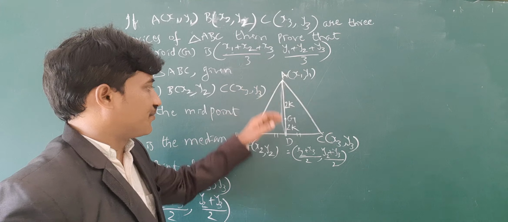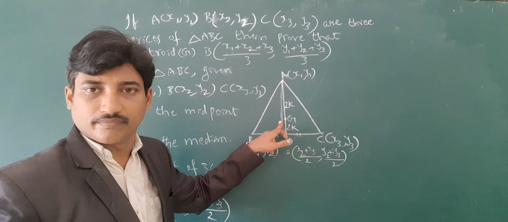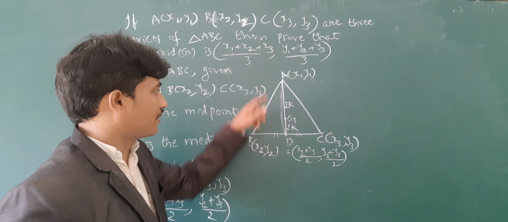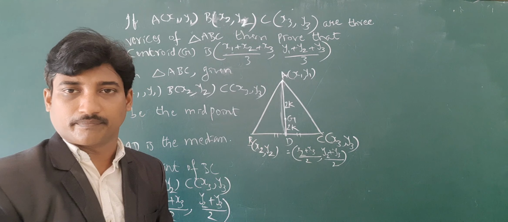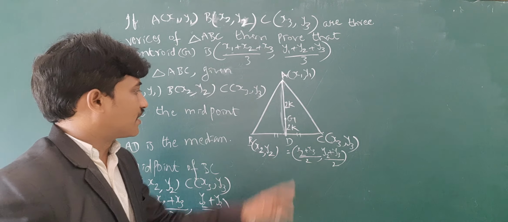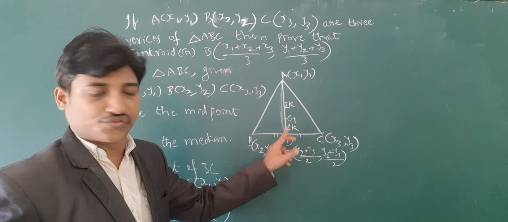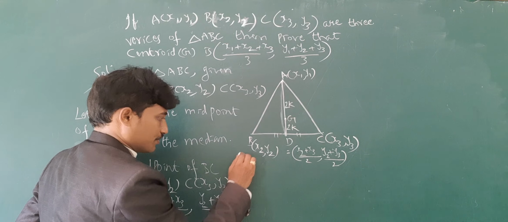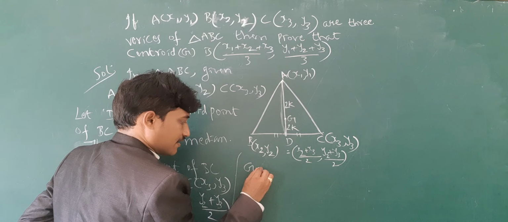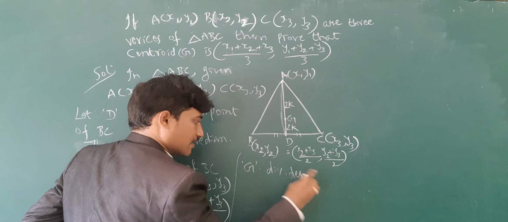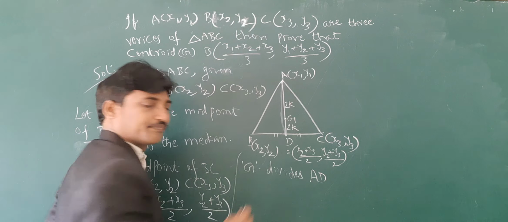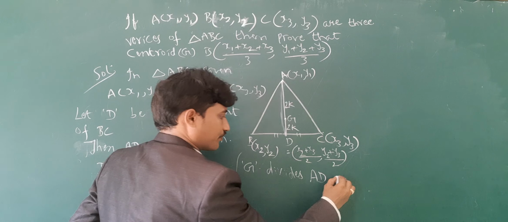Now, Z is the internally dividing point of AD in the ratio 2:1. Centroid divides the median in the ratio 2:1.